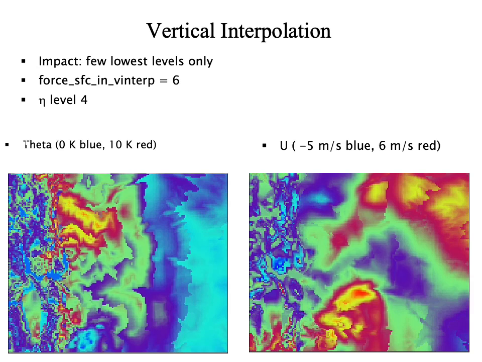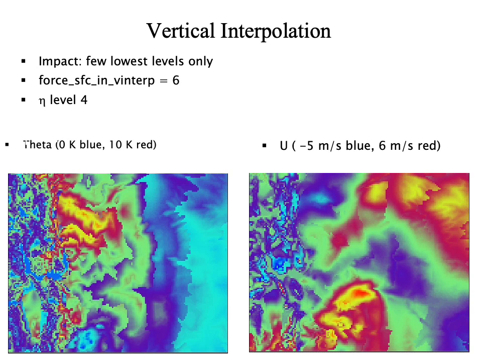We can also say not only are we requiring that the surface be used in the vertical interpolation, but that the surface that is available from MetGrid is used as the bottom boundary condition for the first n levels, and in this case 6.